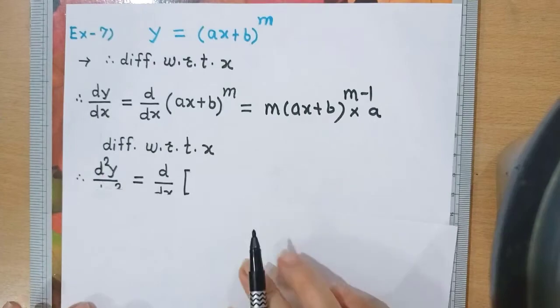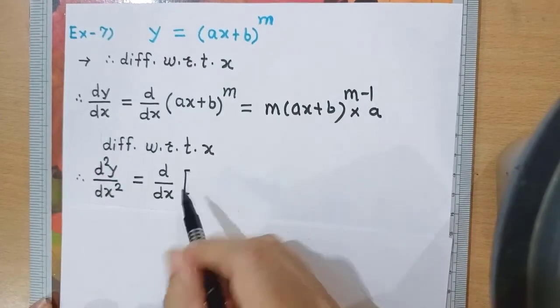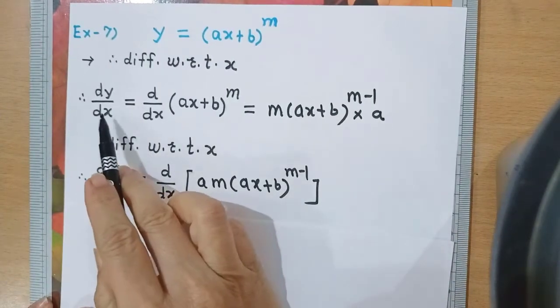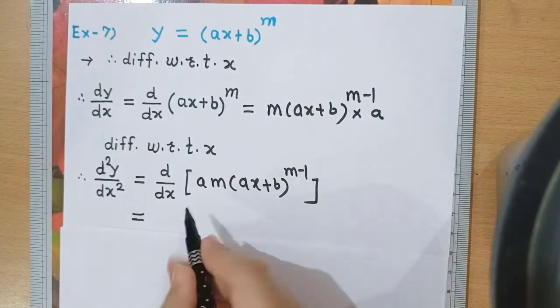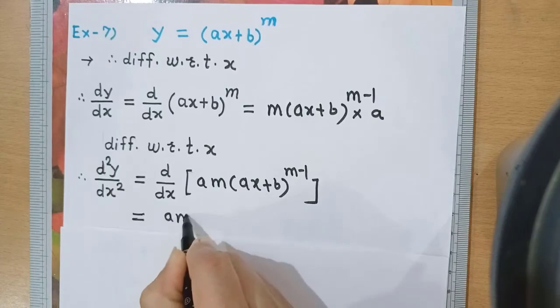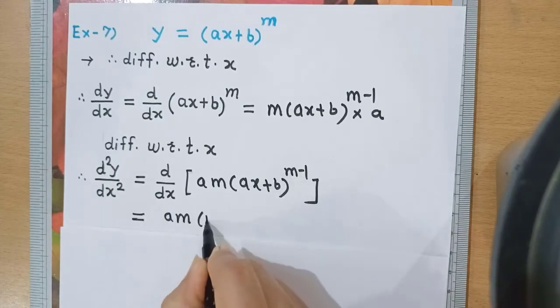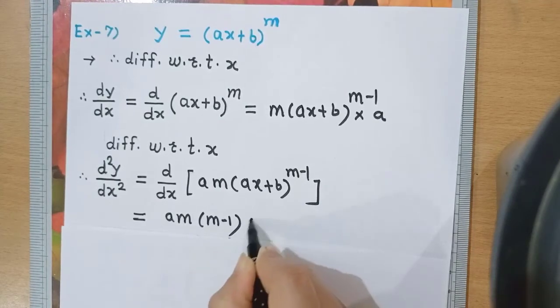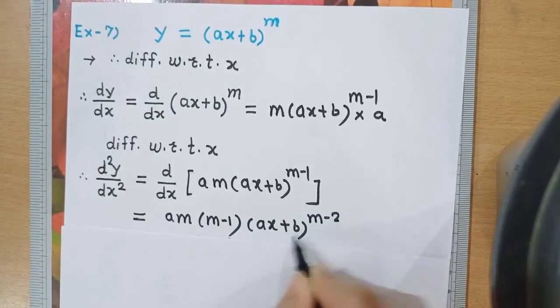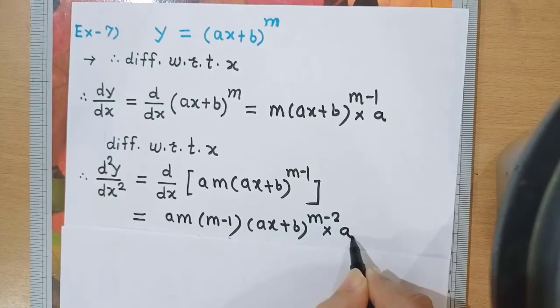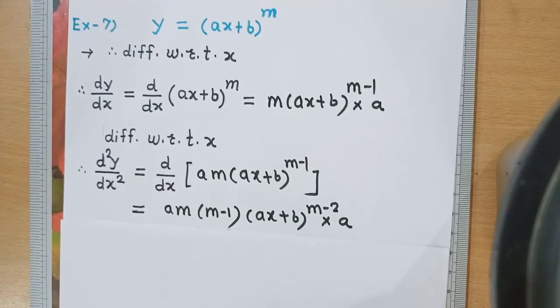First we will write down this function, that means the derivative of this equals the derivative of this. Now find the derivative. This a m is constant, then m minus 1, and then (ax plus b) raised to m minus 2, and again the derivative of this is a.